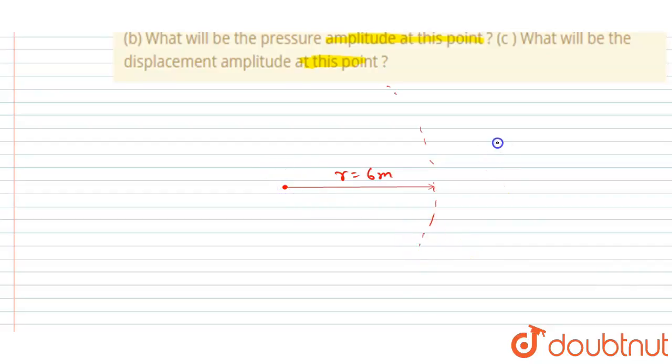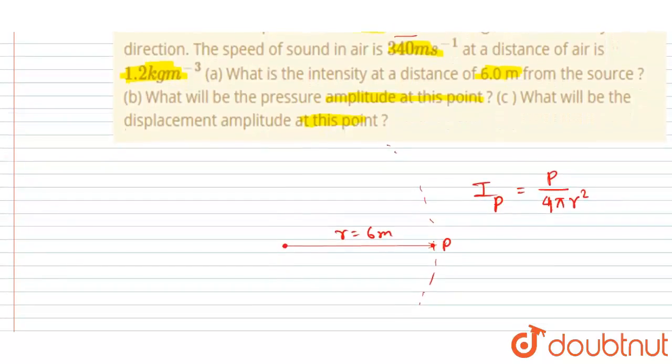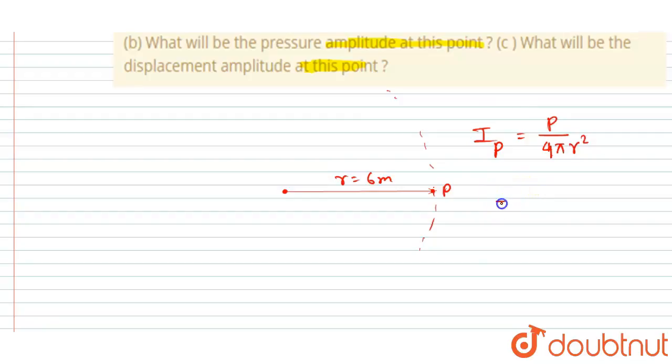And if you calculate the intensity at this point P, that intensity at point P will be equal to power by area of that imaginary sphere, that is 4 pi r square. Power here is 20 watt and for the area of the imaginary sphere, just put the value r equals 6.